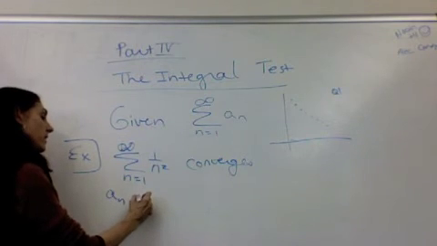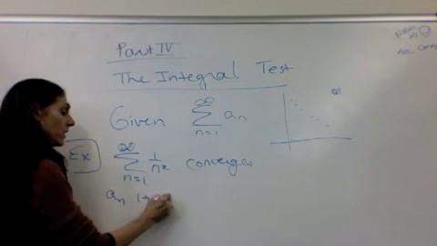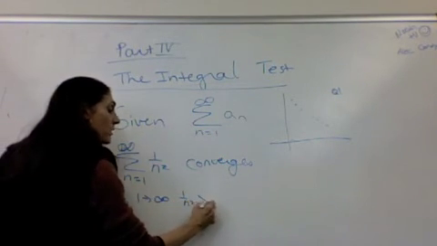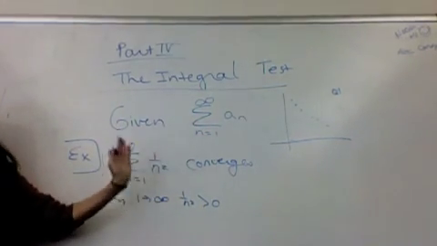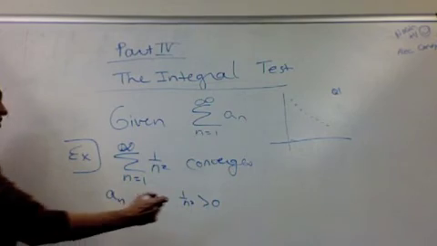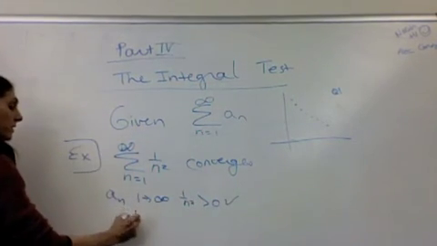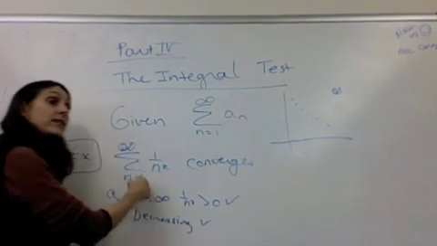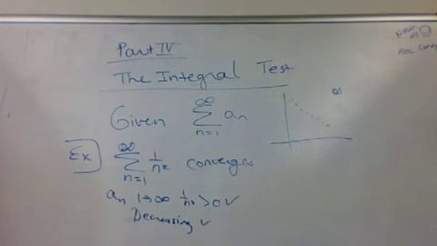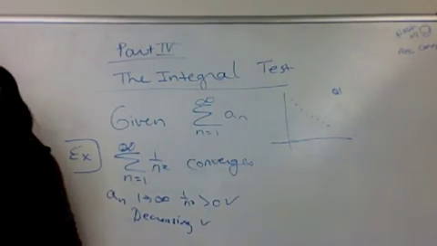Can you guarantee that from 1 to infinity, 1 over n squared is always greater than 0? Of course. Your input's positive, you're squaring it. So that's checked. Is it always decreasing? Yes. And you can do that by taking the derivative and showing that it's decreasing. You did that in your classwork, right?